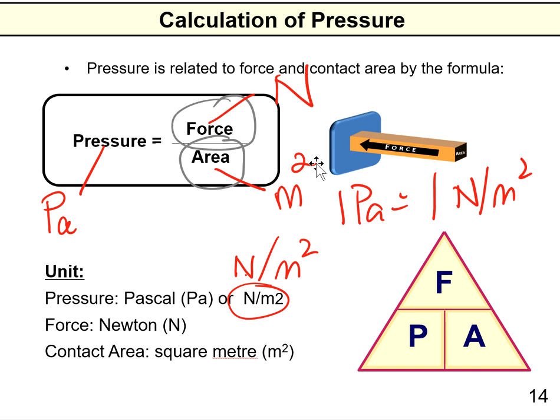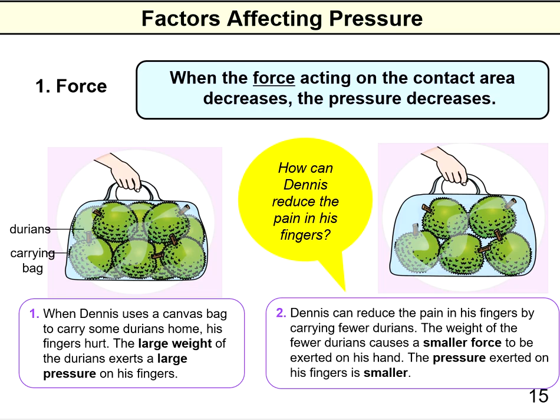So let's take a look at some of the examples that we see in our daily life. This person is carrying a bag with, well, it looks like 10 durians, and this person is carrying a bag of 5 durians. So what is the difference? In this case, the force is definitely going to be larger because there are 10 durians over here. It's the same person carrying the same bag, so the contact area is the same.